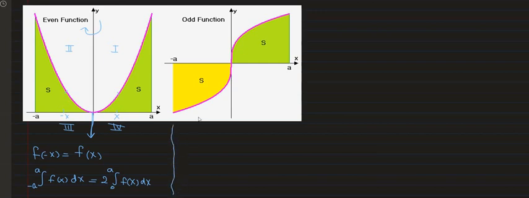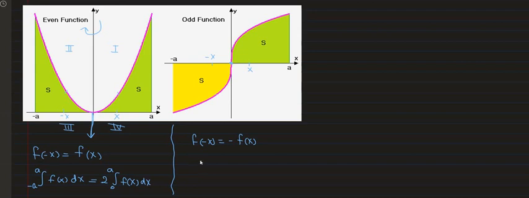Also for the odd functions, we know that the odd functions have symmetry about the origin, and it would look like this. Algebraically, f of negative x is equivalent to the negative of f of x. So the function at negative x is exactly the function at x, but with the opposite sign.